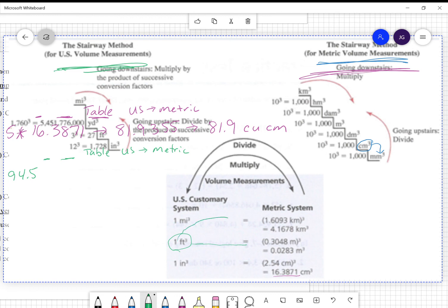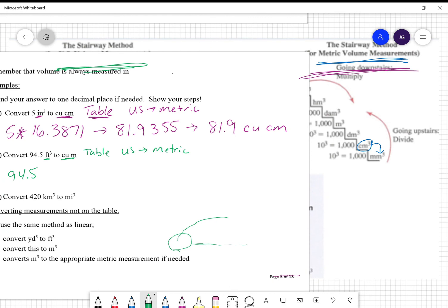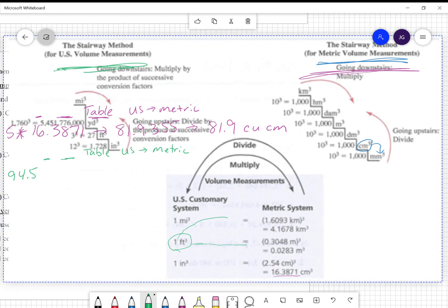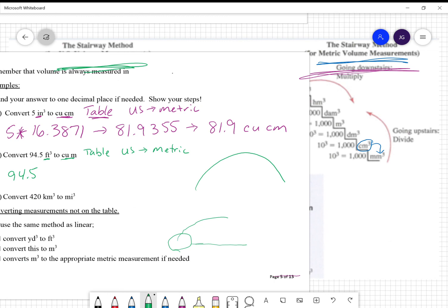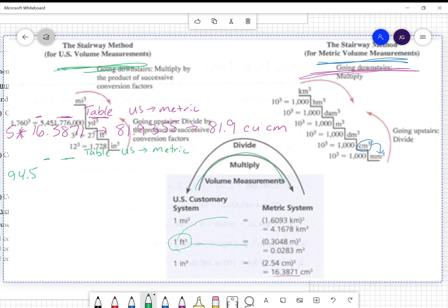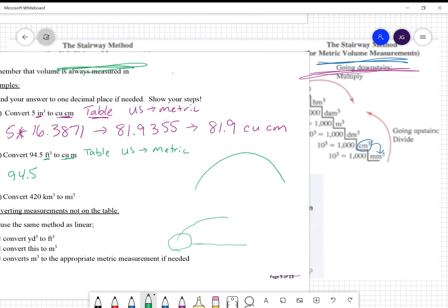So I'm going to go in this direction. This direction is multiply. So I'm going to take 94.5 and multiply it by 0.0283. Okay, now that was going to get me to cubic meters, right?